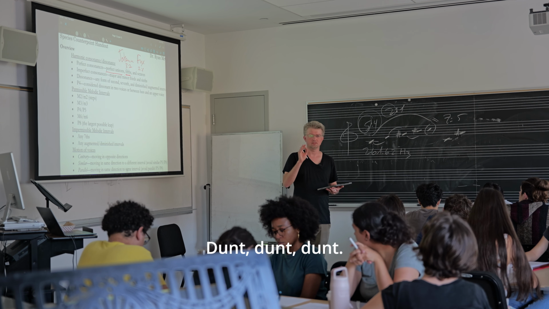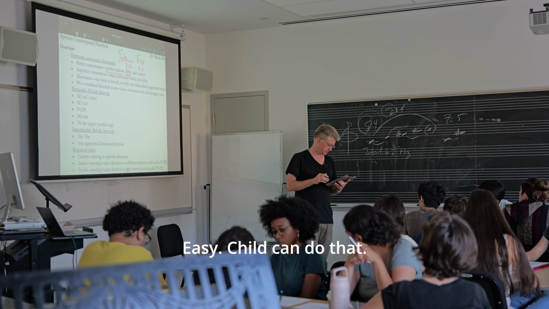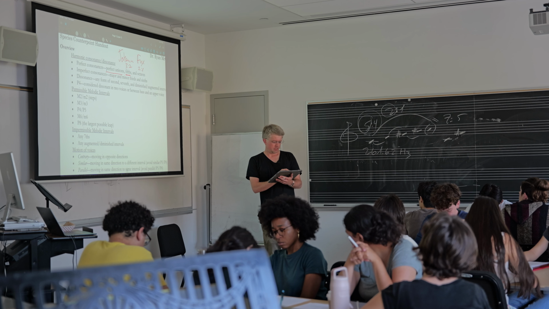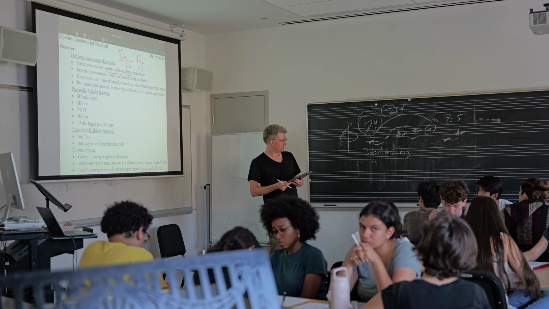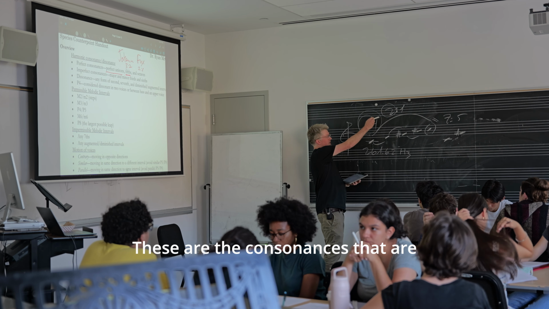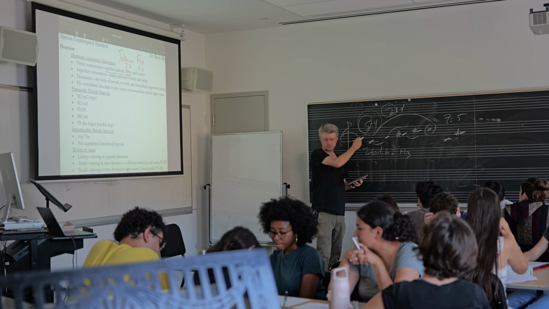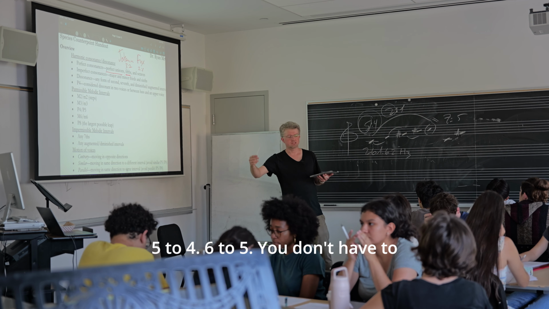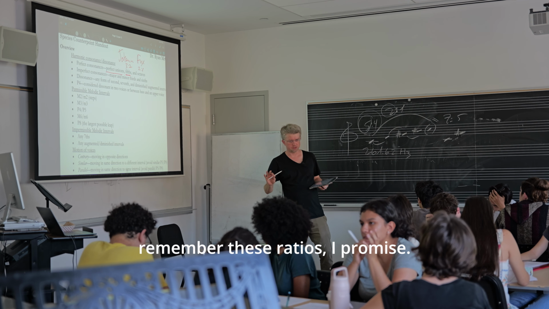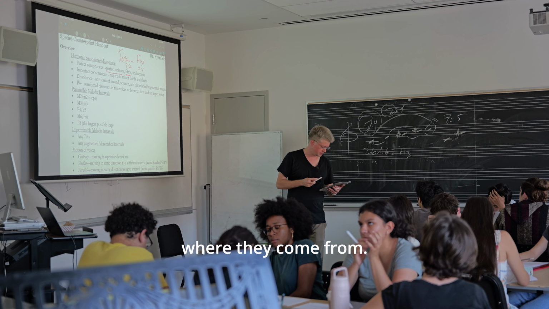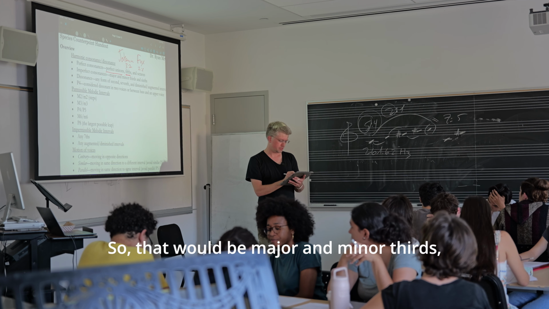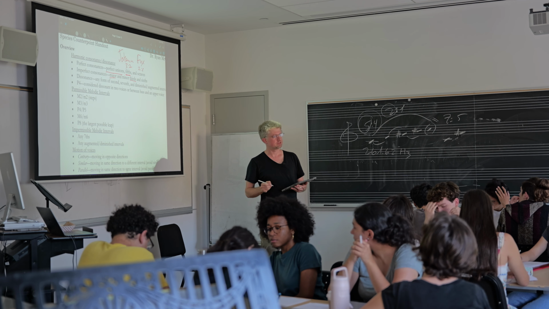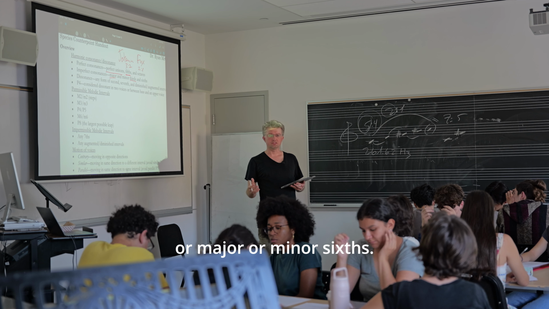Dun, dun, dun, dun. Easy. Child can do that. Imperfect consonances. These are the consonances that are getting a little more complicated. 5 to 4, 6 to 5. You don't have to remember these ratios, I promise. I'm just showing you where they come from. So that would be major and minor thirds, or major or minor sixths.